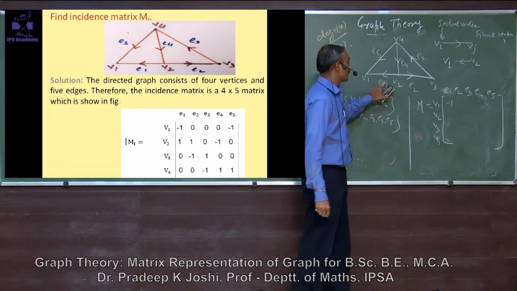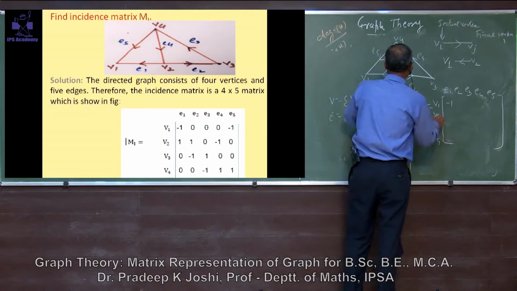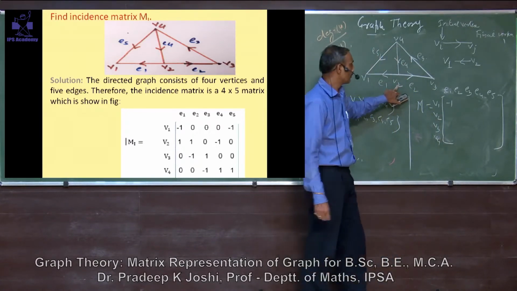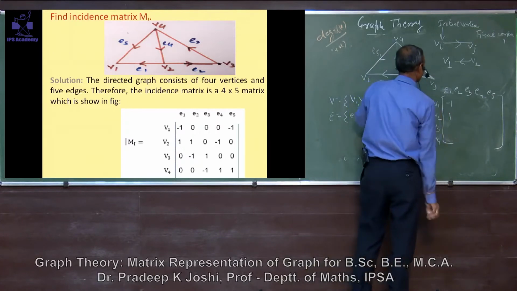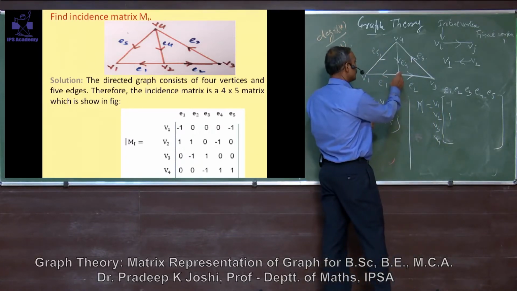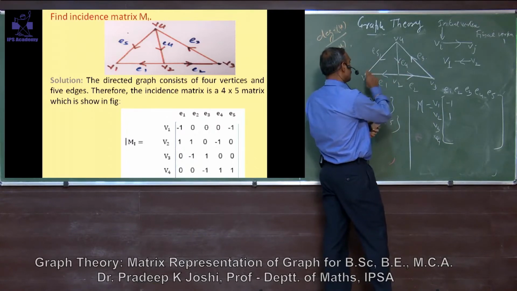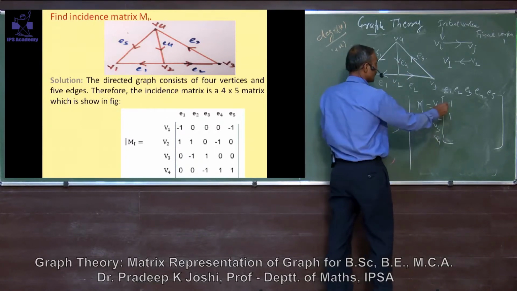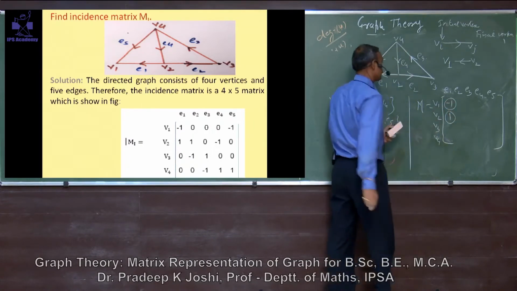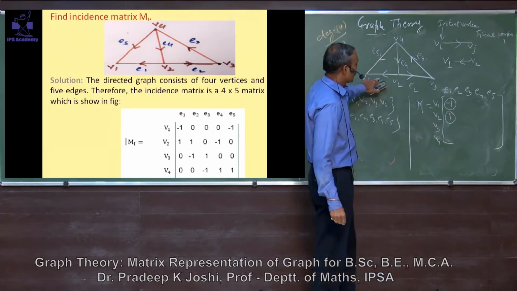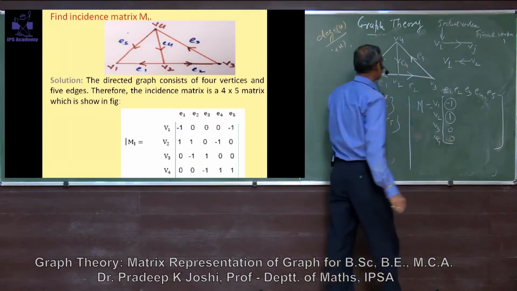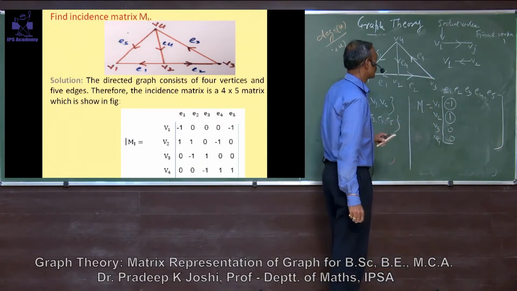Now for V2 it will be +1. Why? Because for E1, V2 is the initial vertex and V1 is the final vertex, so we put -1 and 1. Now E1 is not incident on V3 and V4, so we put 0, 0.